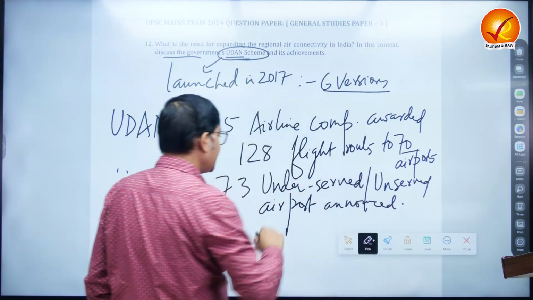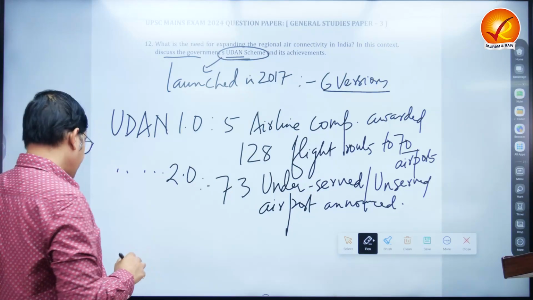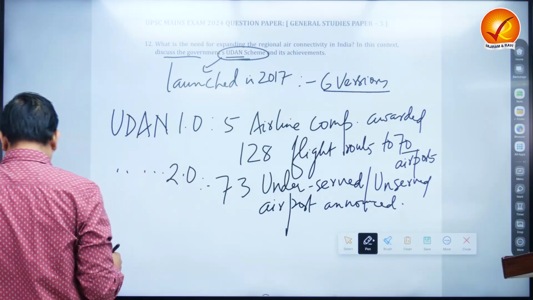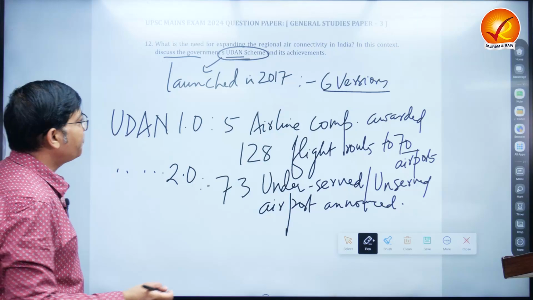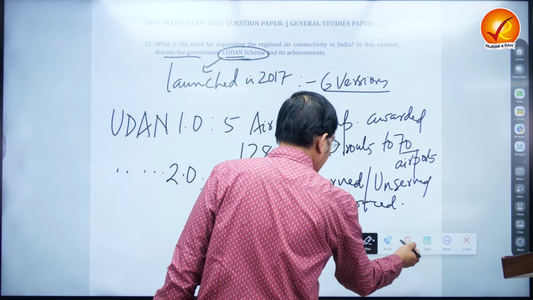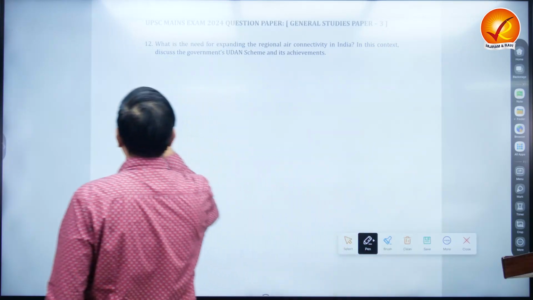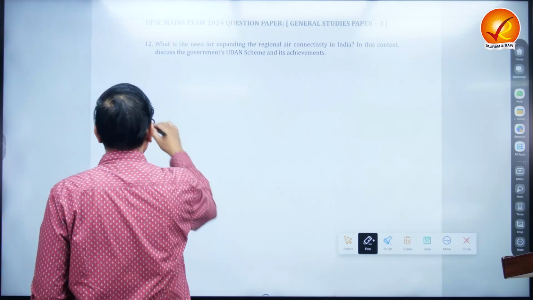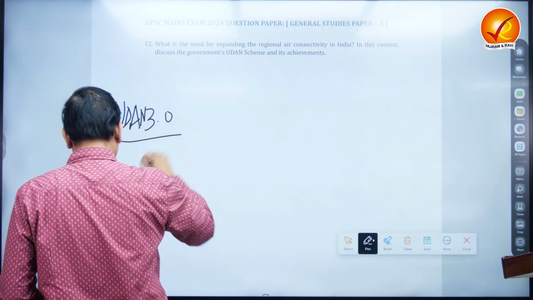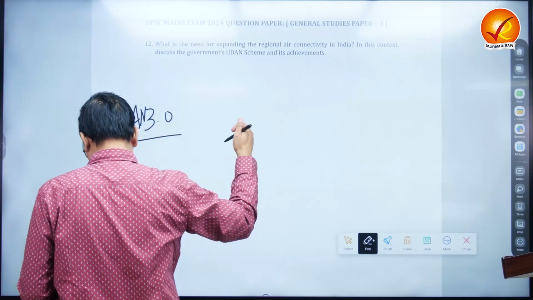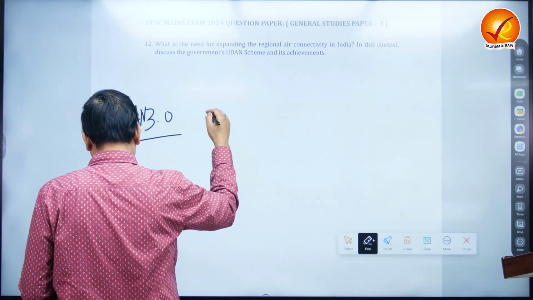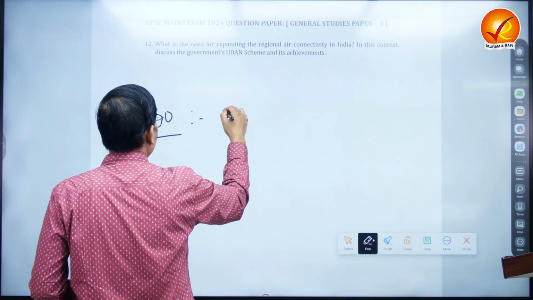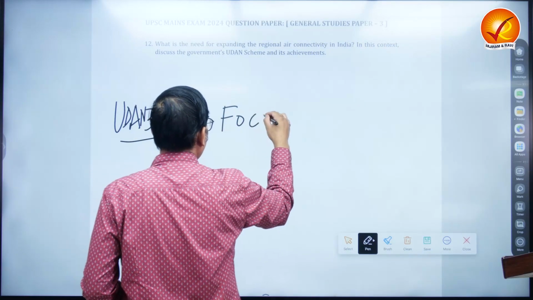If you don't remember the exact number, you can always give some approximate figures. In UDAN 3.0, there was more focus given on tourism related services. So in UDAN 3.0, you can say there was better connectivity, or there was focus on tourism routes.